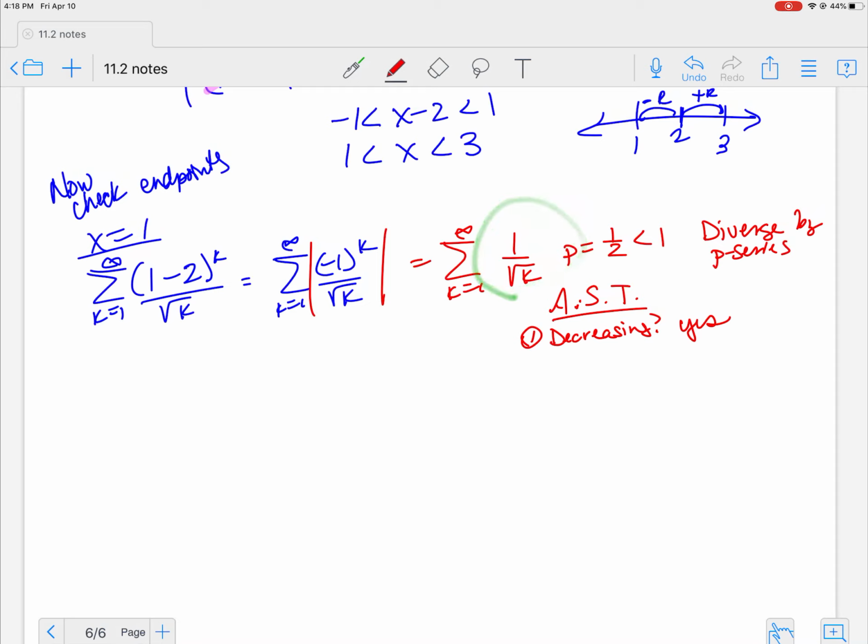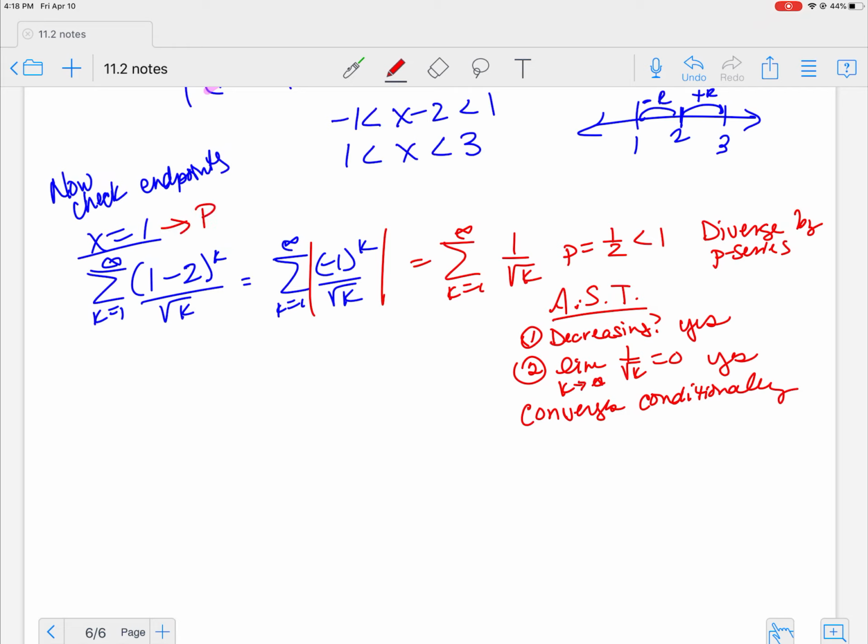Criteria number 2, does my limit equal 0? That's the question. The limit of 1 over the square root of k equals 0. So yes, both of those criteria are met. So I know that this converges conditionally. Meaning that it still converges, and then this is a bracket.